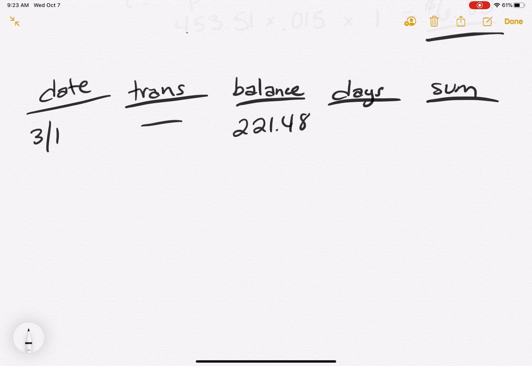He made a payment on 3/15. So how many days was the balance 221? 14 days. He made a payment of 150.